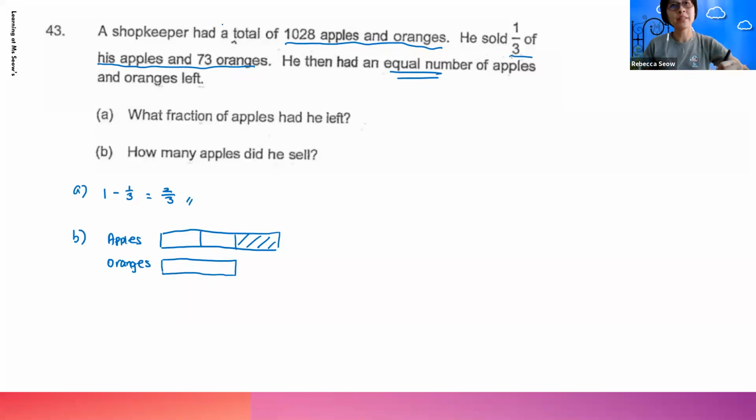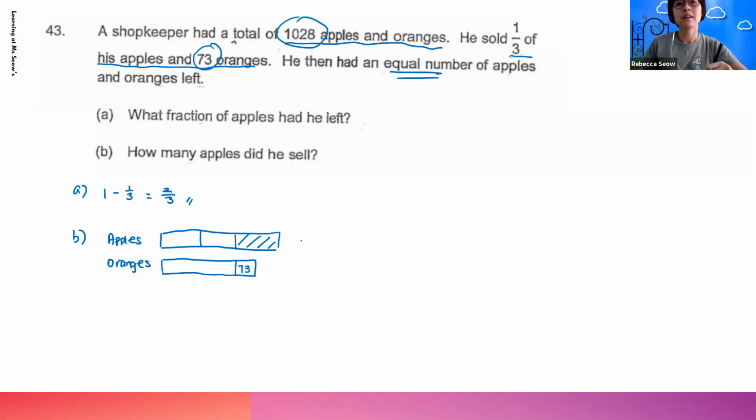Now, we need to put in our 73 oranges that he has sold. However, we do not know how big or how small a proportion 73 oranges is. But it's okay. I'll just put down a small portion here and label it as 73. Now, where can we put 1028 now that we have drawn all the units?